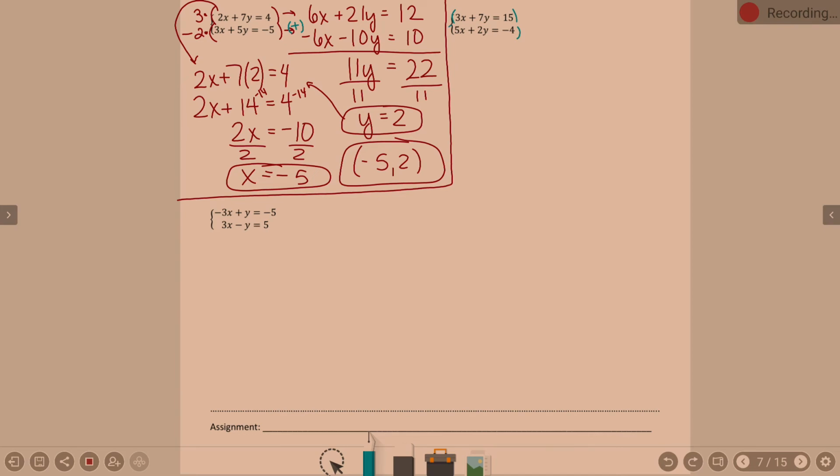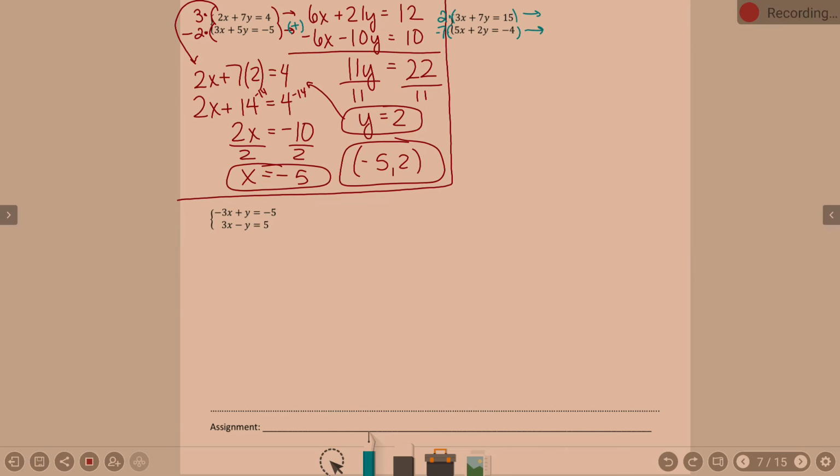So if we multiply the top by 2 and the bottom by 7, did you say a negative in there? I forget. I tend to do the bottom one by negative if I need a negative. Right now they're both positives, so I would multiply somebody by negative. Okay, multiply my top by positive 2.